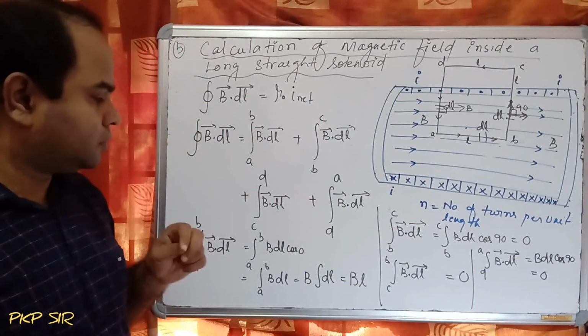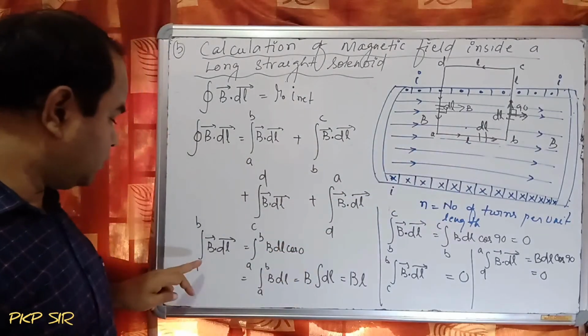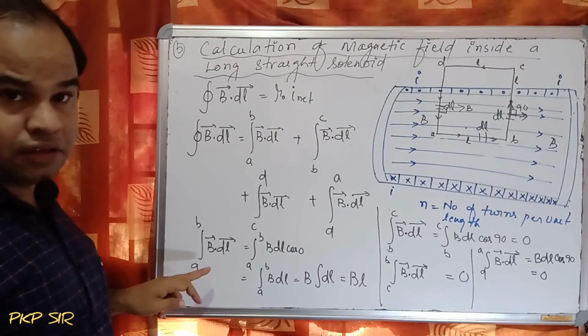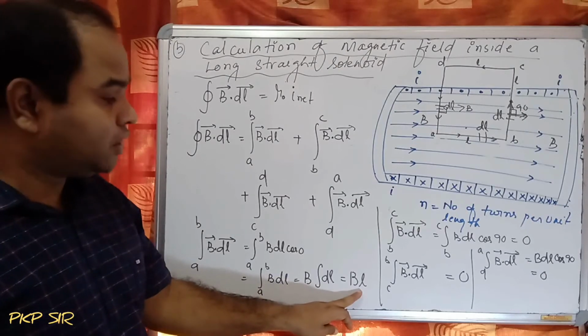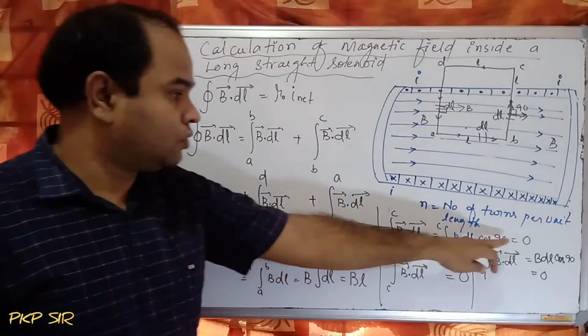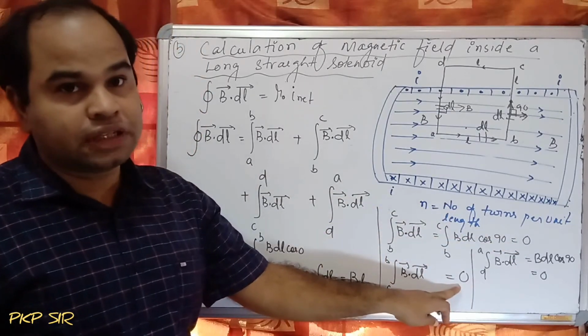So that means along the path A to B, the value of the line integral is B into L. Along B to C it is 0, from C to D it is 0, and from D to A it is also 0.